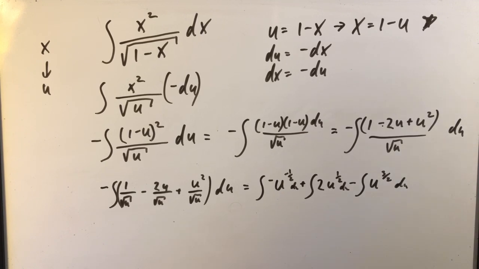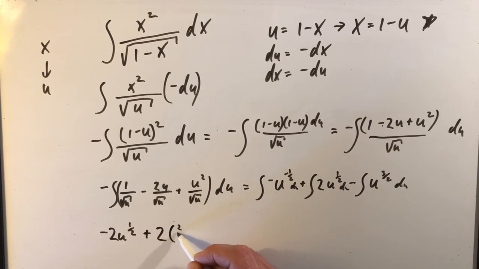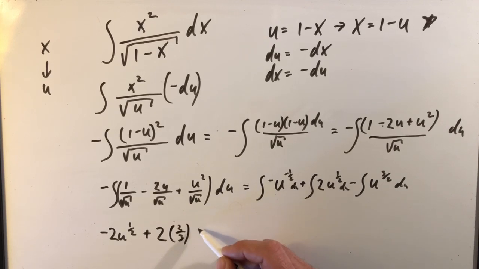So I'm going to do that. And I'm going to come down, and you'll see this one come to here. And so that's going to turn out to be, just always let me think about it for just a second, minus 2u to the 1/2. And then it's going to be plus 2, and that's going to be times 2/3, u to the 3/2.